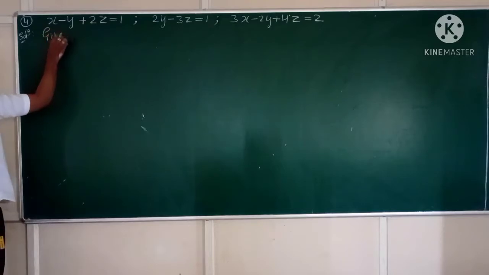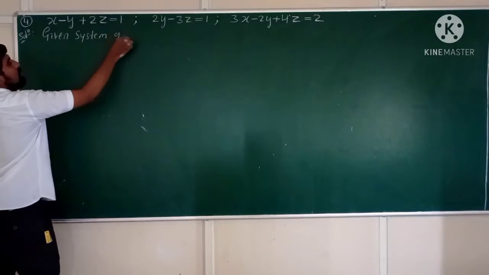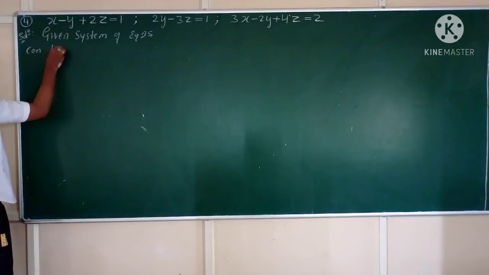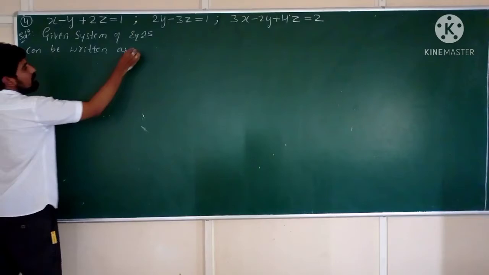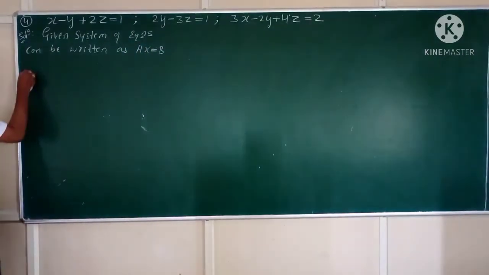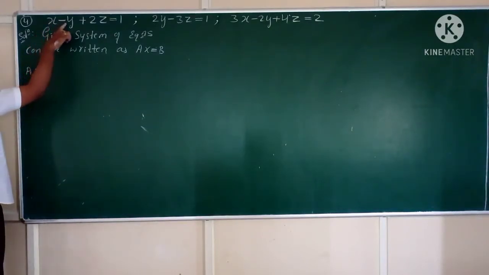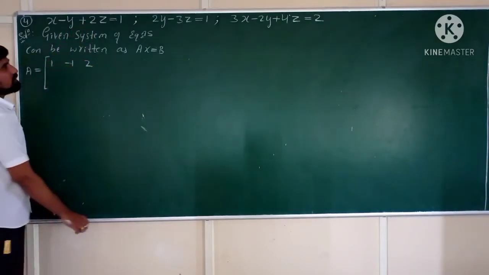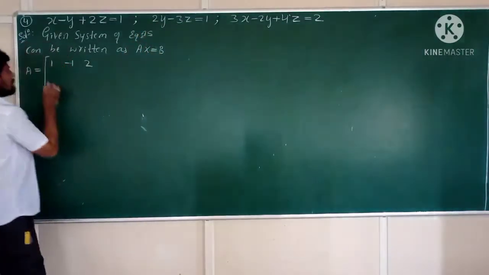So the given system of equations can be written as AX is equal to B, where the matrix A is equal to 1, minus 1, 2. The second row: the coefficient of x is 0, so 0, 2, minus 3.